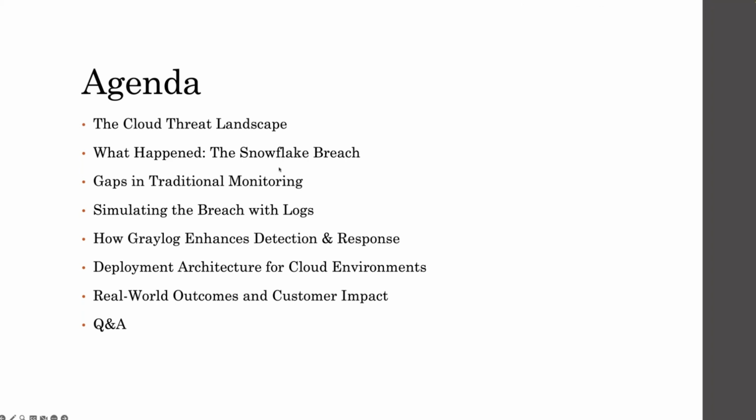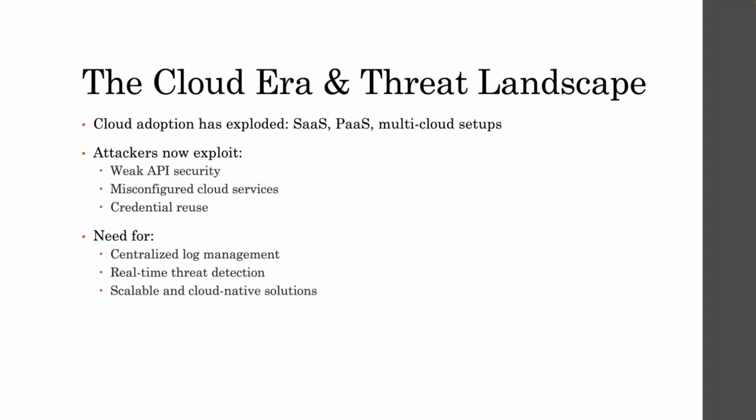So let's jump-start into the cloud era and the threat landscape. We're having more and more cloud adoption in recent years. We have SaaS applications, we have PaaS, platform as a service, and more people adopt multi-cloud setups. That means you have much more attack surface exposed to the internet and, of course, to hackers.